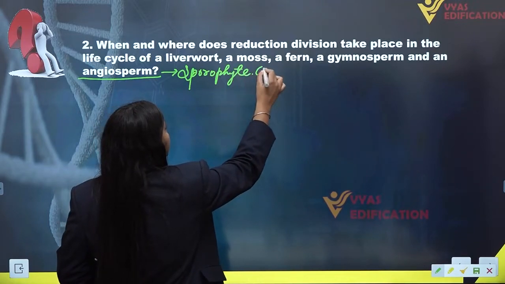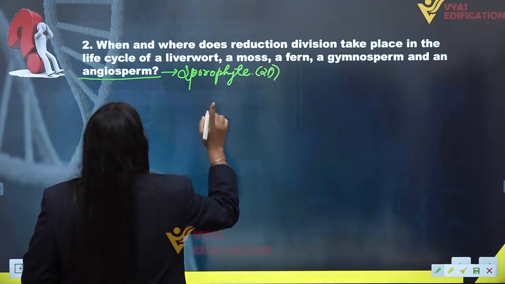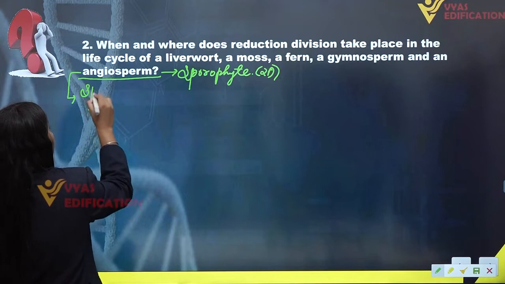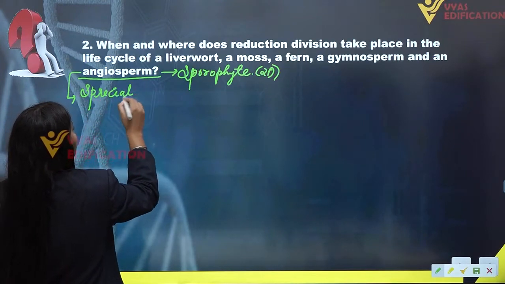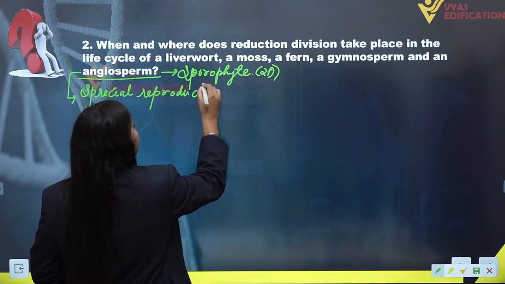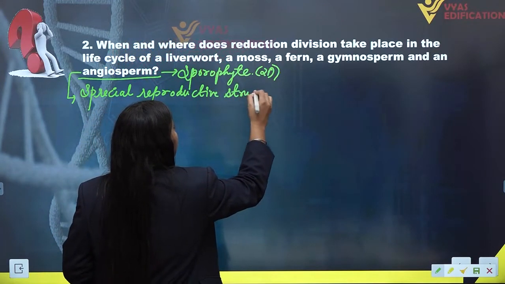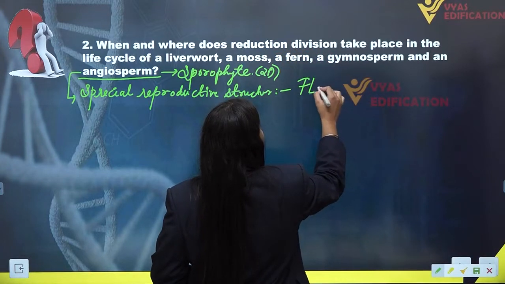The sporophytic plant body is diploid in nature, and it contains a special reproductive structure, that is the flower.